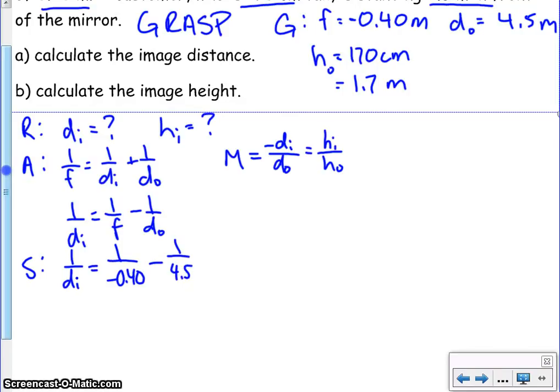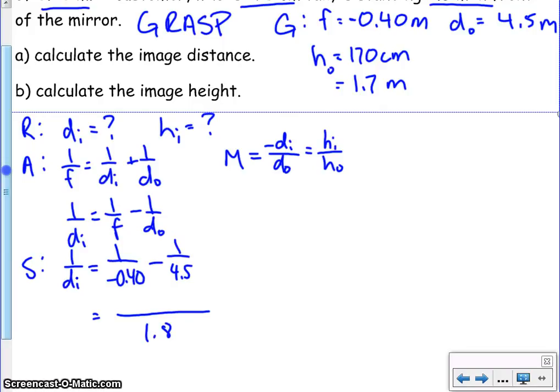I know for some of you it'll be difficult to deal with fractions and decimals at the same time, but it's okay. The way we handle addition and subtraction of fractions is by finding a common denominator. You can always find a common denominator by multiplying the two denominators together. If I multiply 0.4 by 4.5, I will get a common denominator, and it will be 1.8.